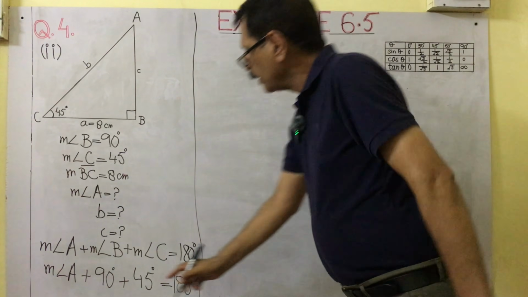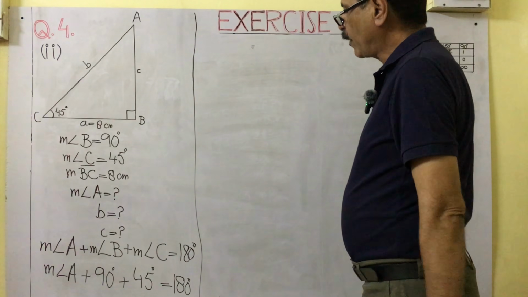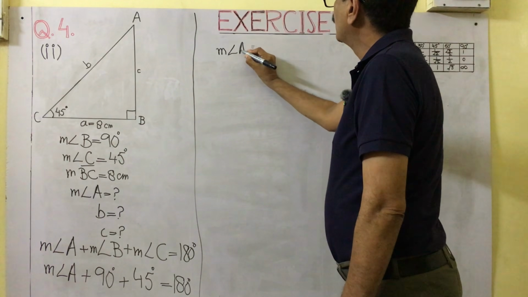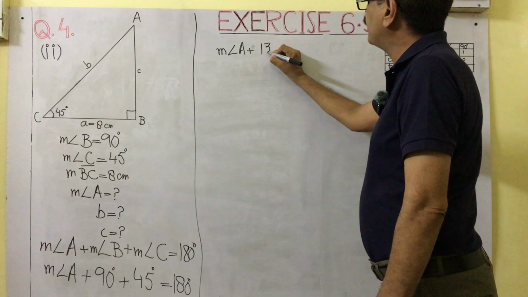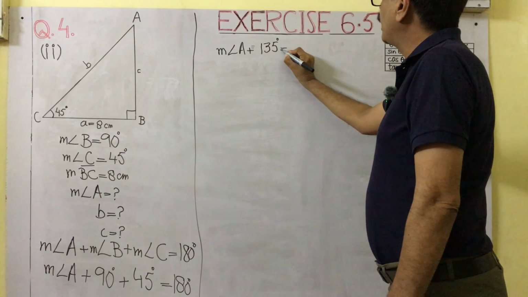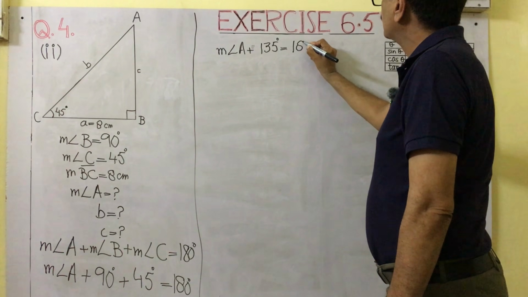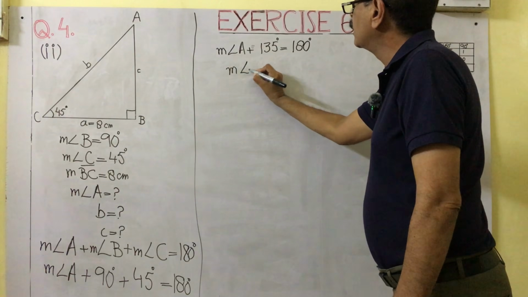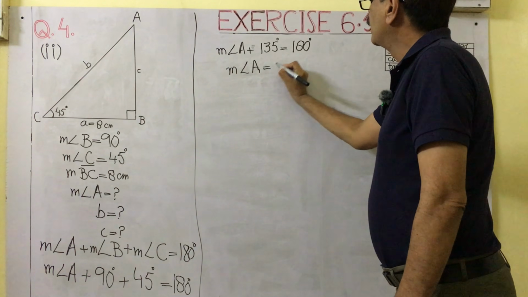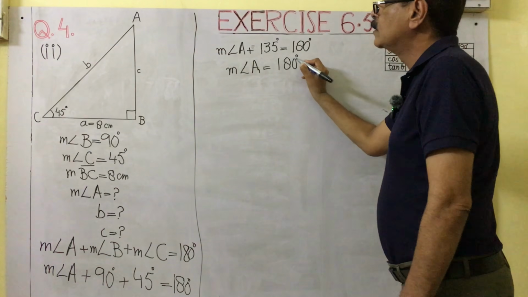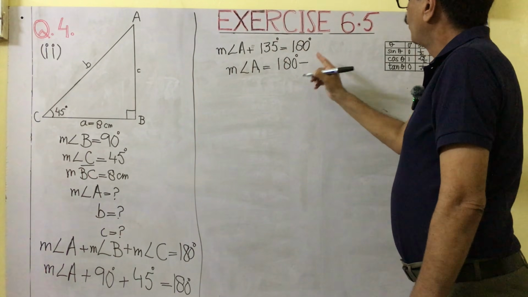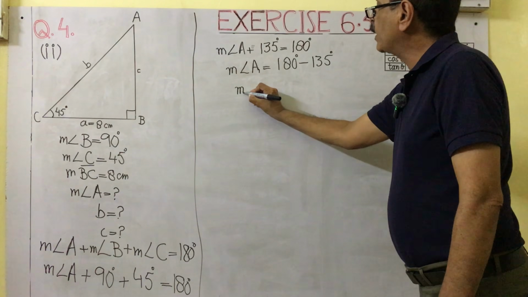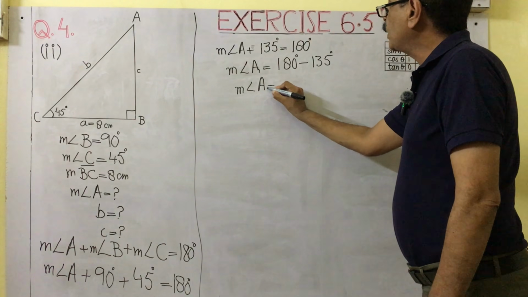Now you see 90 plus 45 is 135. Angle A plus 135 degrees is equal to 180 degrees. Therefore, angle A is equal to 180 degrees minus 135 degrees. So the value of angle A is 45 degrees.